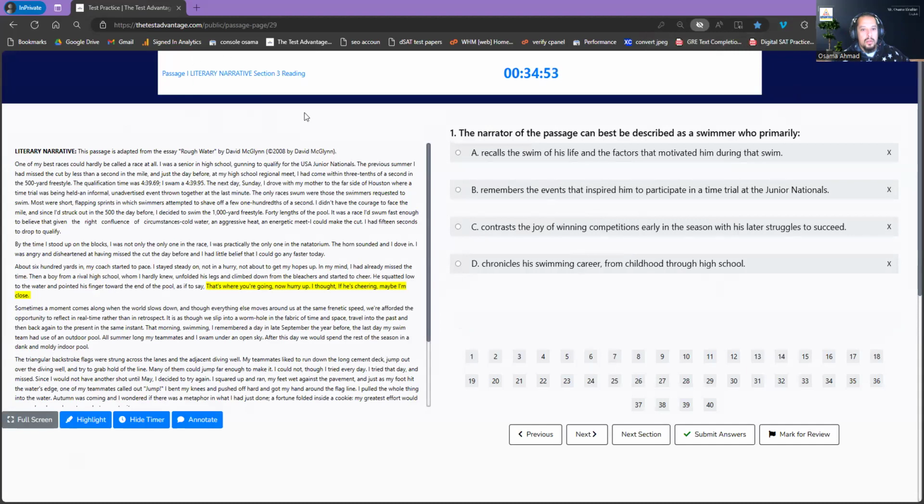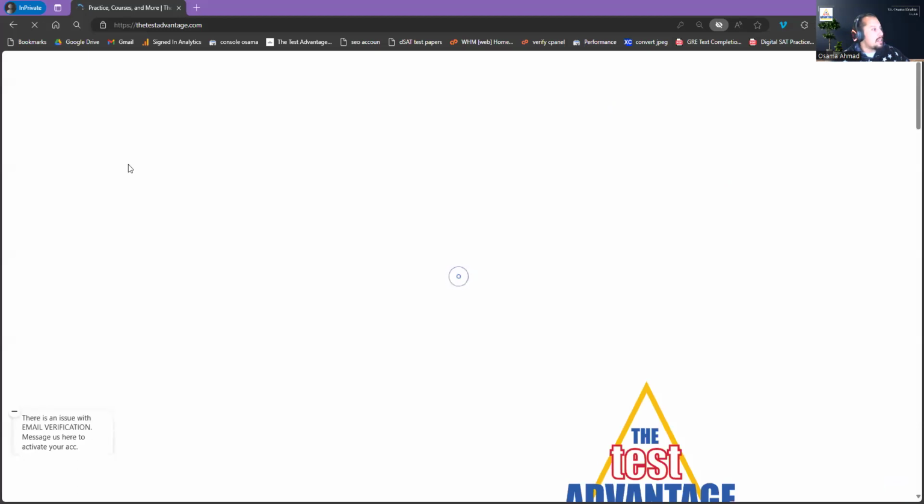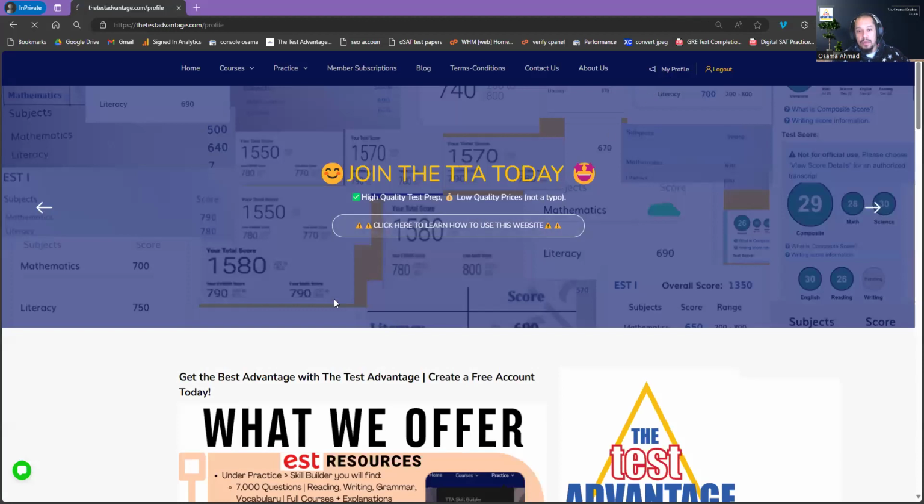How do I do this? Oops. So let's go into the test. Just waiting on this page to load, as you guys can see, taking quite some time. For me, at least, on my computer, I don't know why.